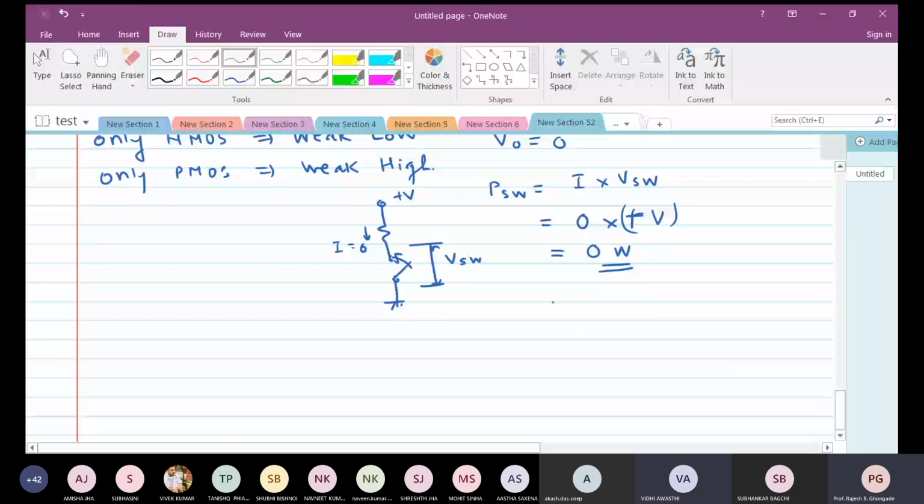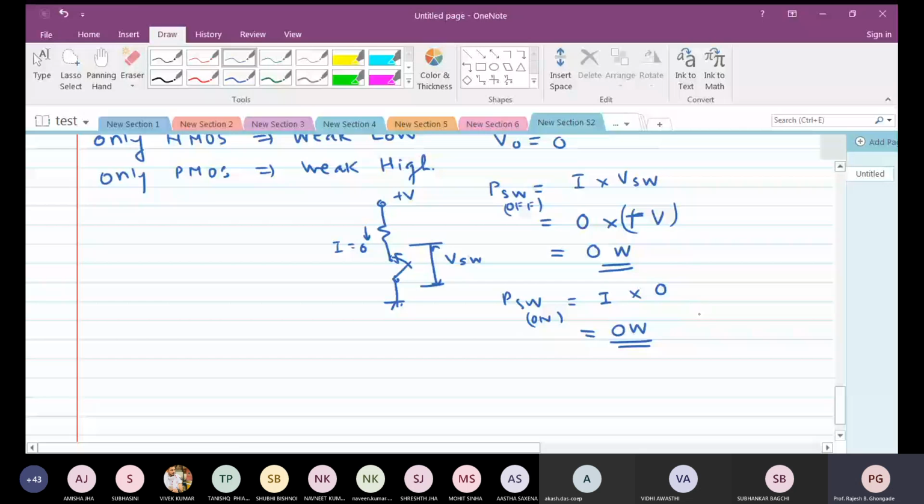When the switch is on, the current will be very large, fine, but what is the voltage across the switch? 0. So again the power dissipation will be 0 watts. An ideal switch has a power dissipation of 0.